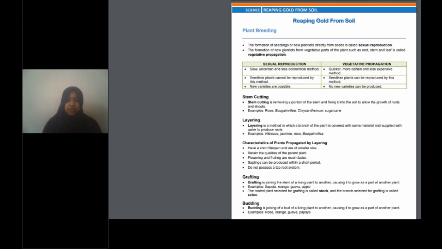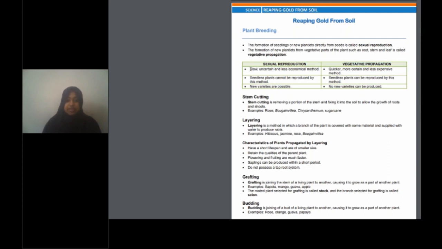The formation of new plantlets from vegetative parts of the plant, such as root, stem, and leaf, is called vegetative propagation. That is, when you get new plants from parts of the old plant, like root, stem, and leaf, it is called vegetative propagation. And then here is given the difference between sexual reproduction and vegetative propagation.